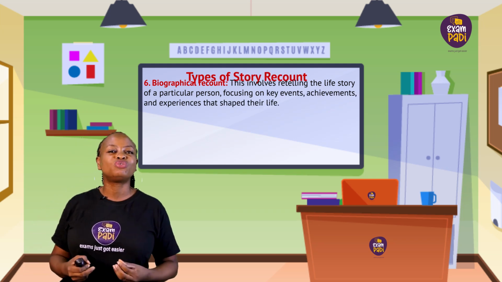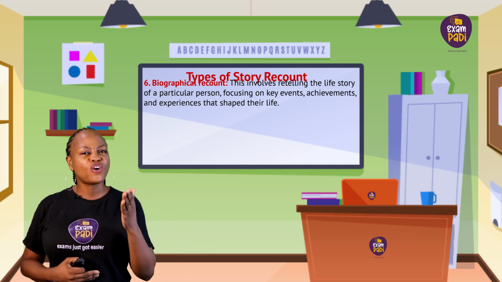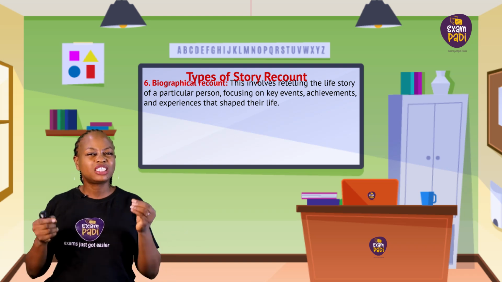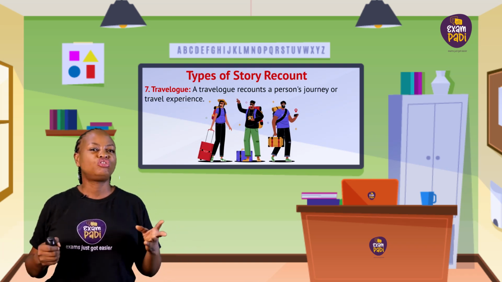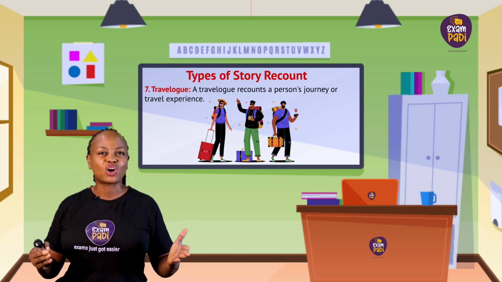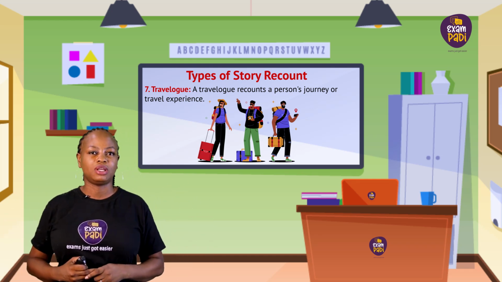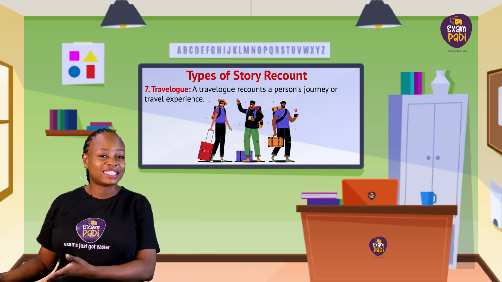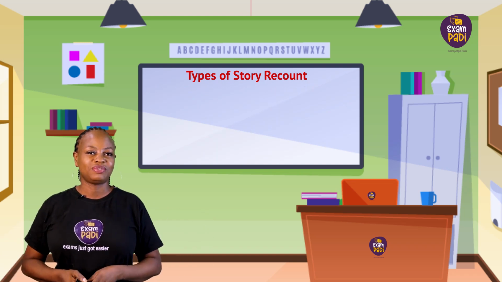This involves retelling the life story of a particular person, focusing on key events, achievements, and experiences that shaped their life. 7. Travelogue. A travelogue recounts a person's journey or travel experience. It typically describes the places visited, the sights seen, and the experiences encountered along the way.